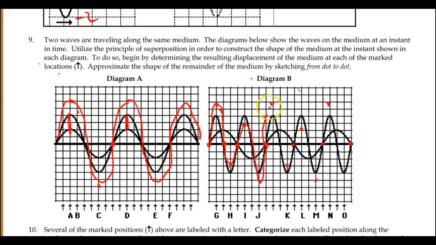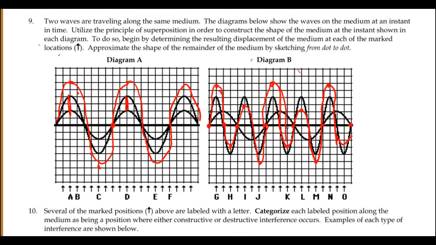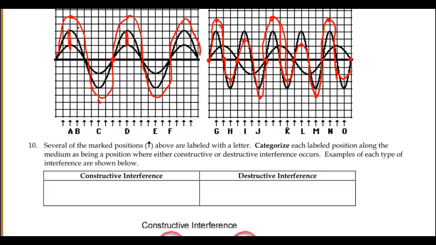So it's going to be higher here, then lower. I kind of overshot my 0 point. Then up, then taller, back through 0, and then actually shorter again. So we have a tall wave, then a short wave, and a short wave, and then a tall section, then another tall section, a shorter section, tall section. So the wave is a little bit more complex than it is for diagram A.